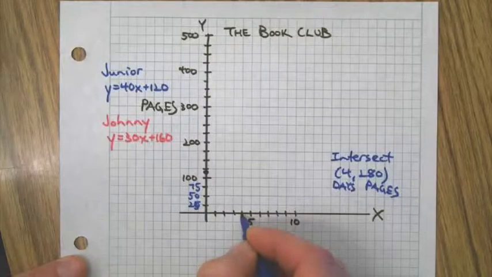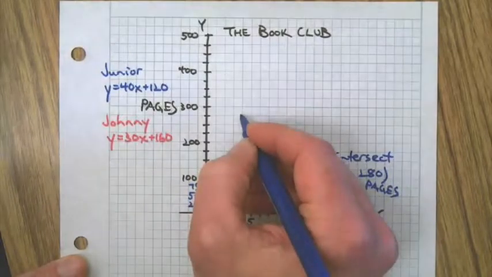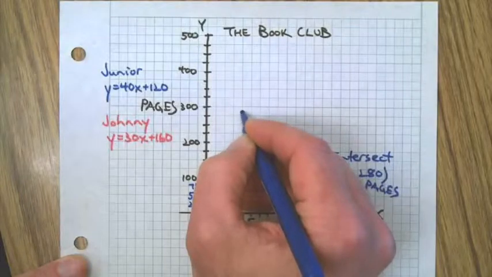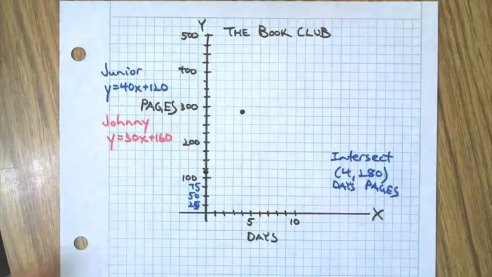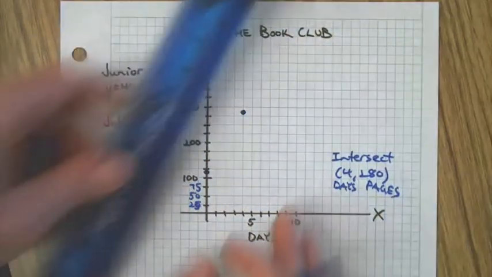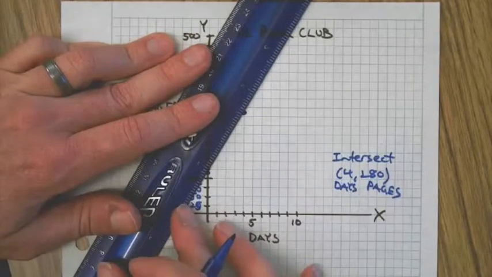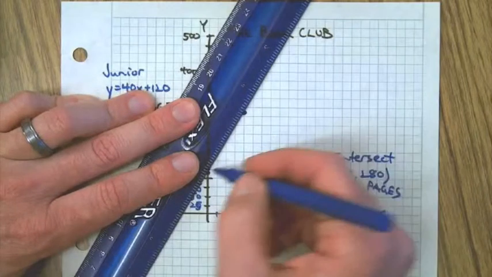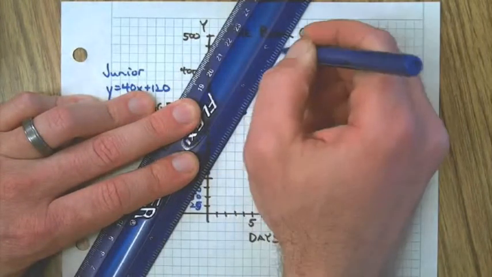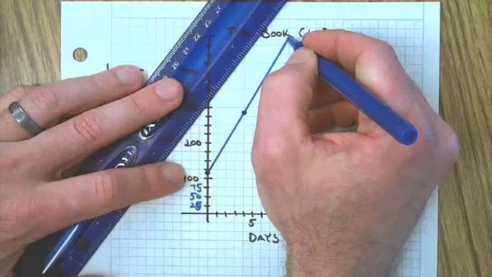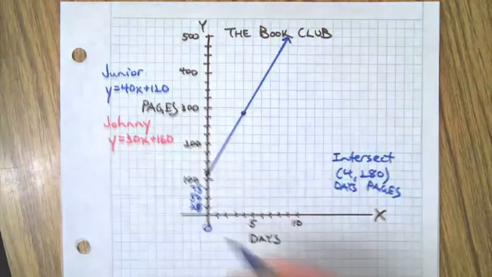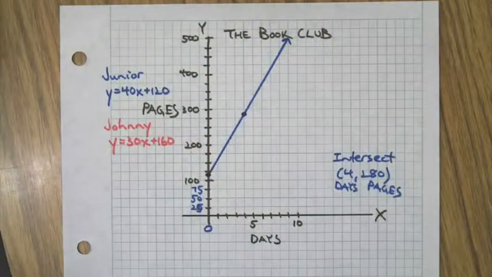So 4 days, 280 pages. This would be 275 right here, so a little bit over that. And I'm going to use those 2 points to make the line for Junior. Technically, I know it's not a line, it's a ray, because we're starting at the 0 point. Okay? That's Junior.